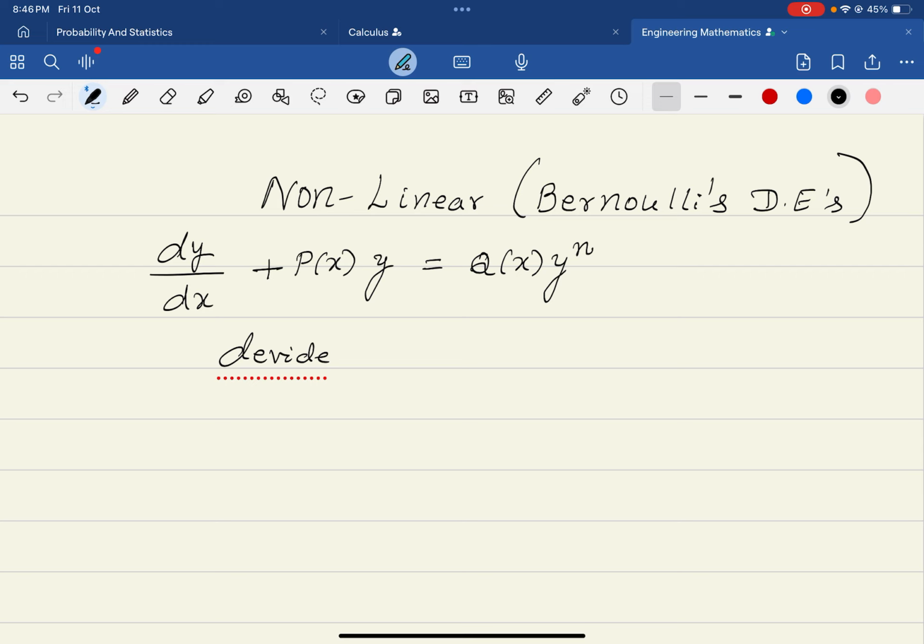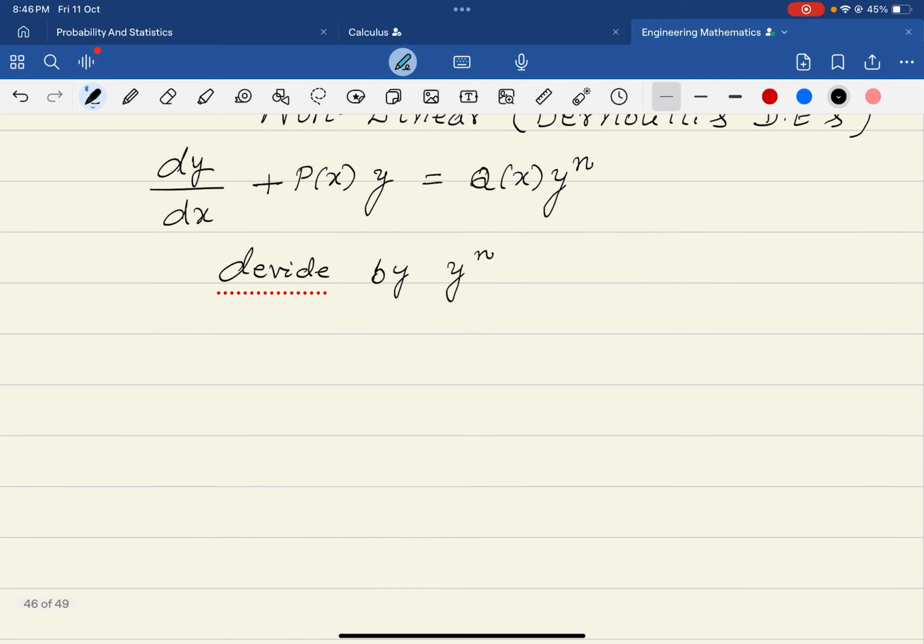So divide by y power n on both sides of the equation. What we get here is y raised to minus n dy by dx plus p of x times y power 1 minus n is equal to q of x.